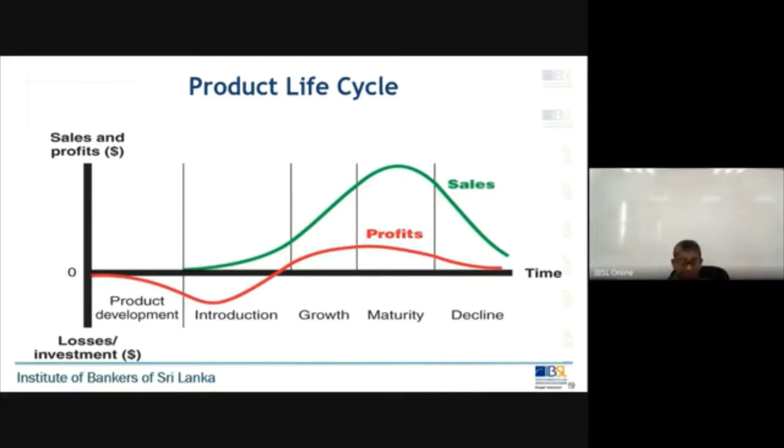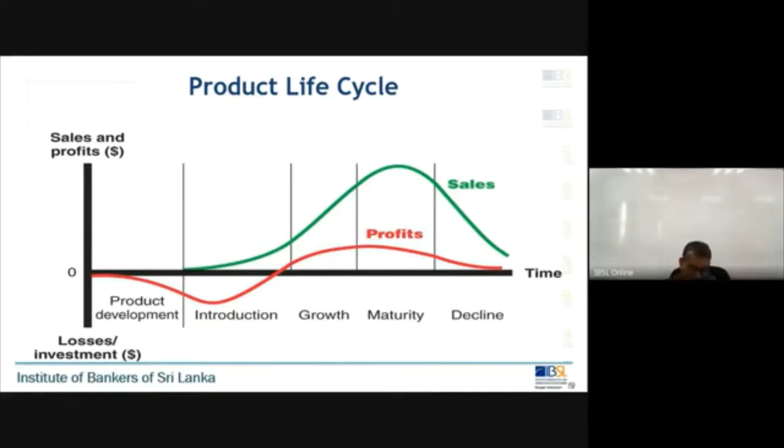We develop the product in the office or in the factory. It's like the embryonic stage of a mother. It's not launched to the market. Once it gives birth, it becomes the introduction.